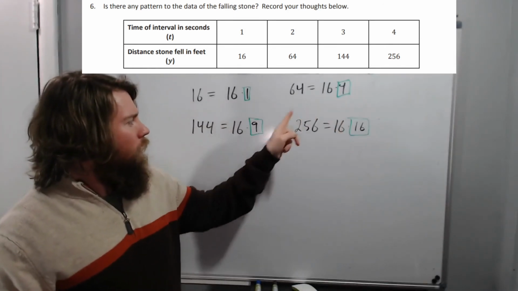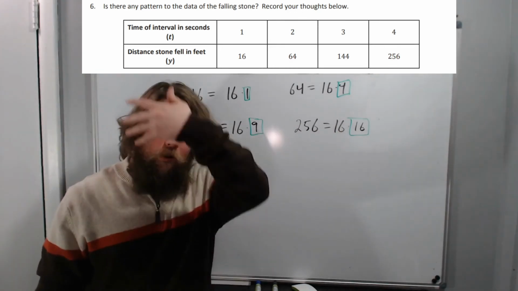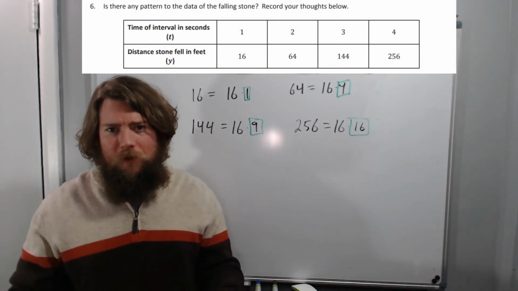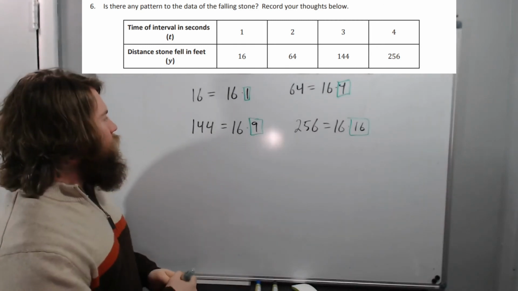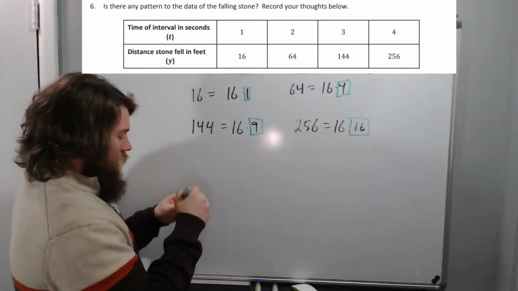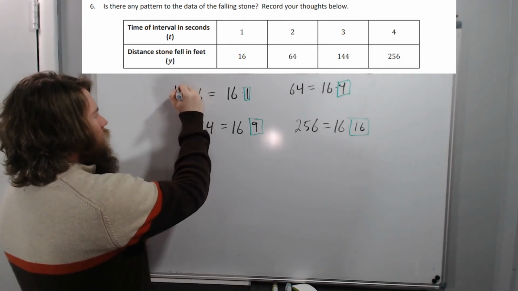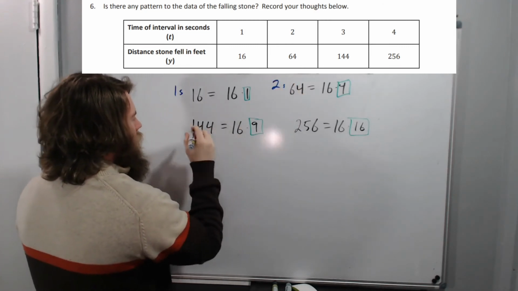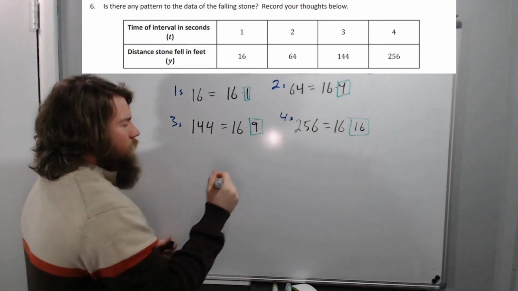1, 4, 9, 16. Think about our table up above, okay? And see if you can relate the times to these. So remember, this was at 1 second. This was at 2 seconds. This was at 3 seconds. And this was at 4 seconds.